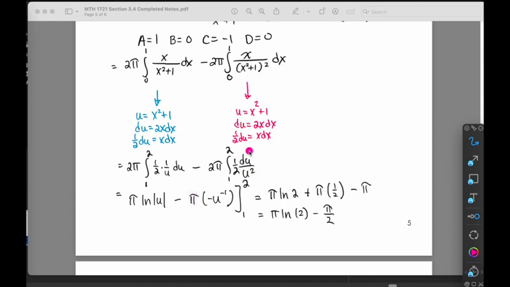And then when I integrate 1 over u squared, that gives me negative u to the -1. And don't forget when you're evaluating this, that makes this a double negative. So watch those two negatives there. Now I have to evaluate that on the interval from 1 to 2. And when I do that, I get my final answer: pi times the natural log of 2 minus pi over 2.